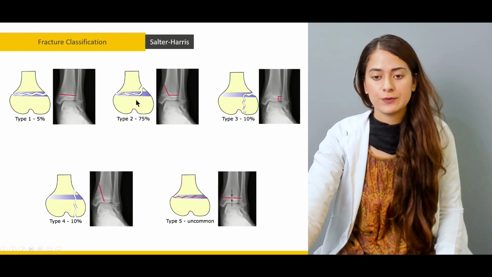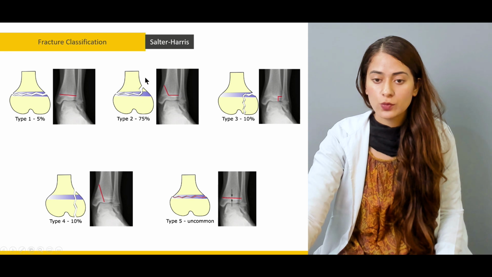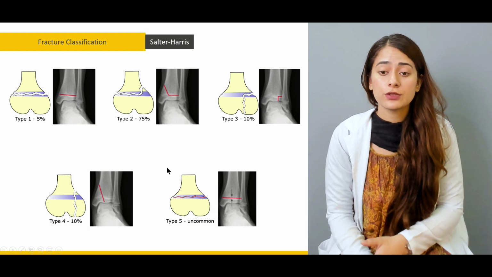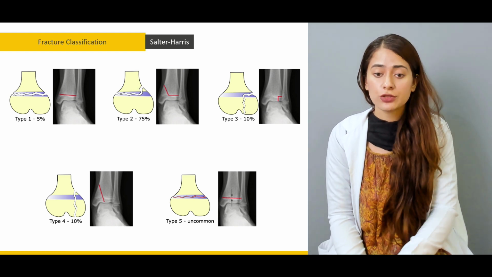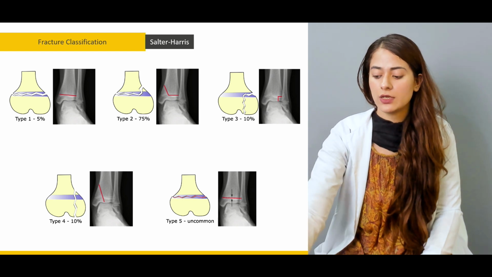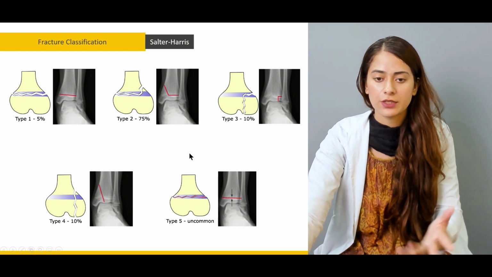Most common is type 2, resulting from a fracture that moves from the physis, or the growth plate, or the epiphyseal plate towards the metaphysis. All of these fractures are through and through fractures. It is important to remember that these are in children, when the growth plate is present, which is not present in adulthood.